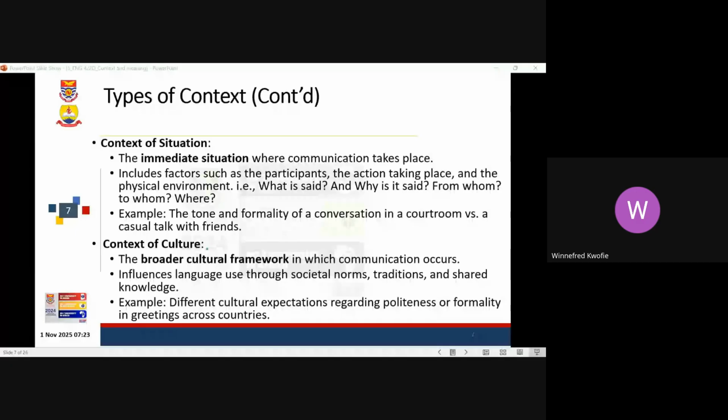That's the context of situation. Then the context of culture, where we are looking at the broader world. Context of situation looks at the immediate circumstances, but context of culture looks at the general cultural background within which communication happens.